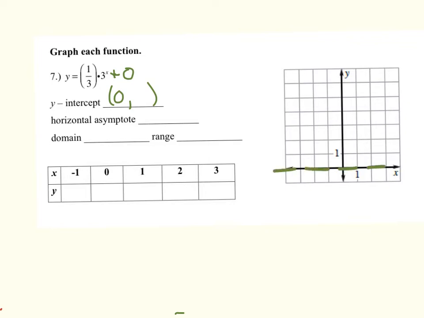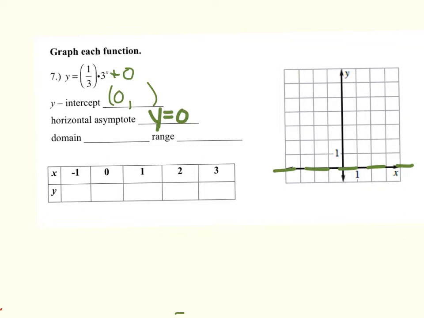I just do a dashed line there to remind myself that my function is going to get really, really close and get smaller and smaller, but it's never going to actually touch or cross that asymptote. So it is at y equals 0.